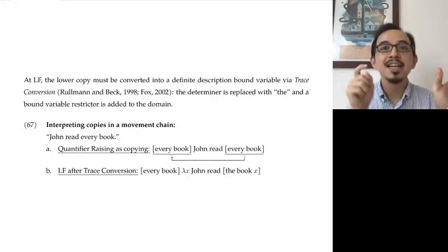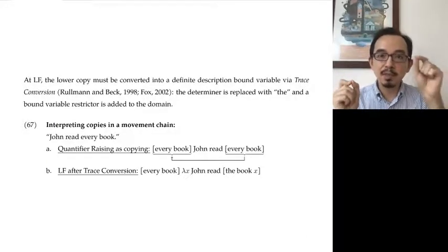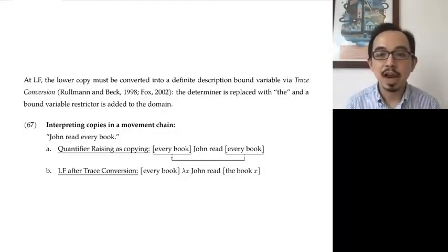So the book x. So we're changing the quantifier every to the, and inserting this extra restriction on its domain to be equal to the variable x, and that's going to be bound by this lambda abstractor, which is introduced with the movement.